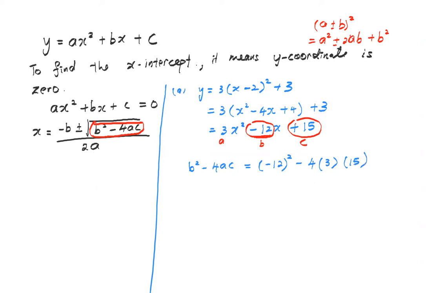I straight away know that it is less than 0. Am I right? Because 4 times 3 is 12, and 12 times 15 definitely is greater than 12 squared.